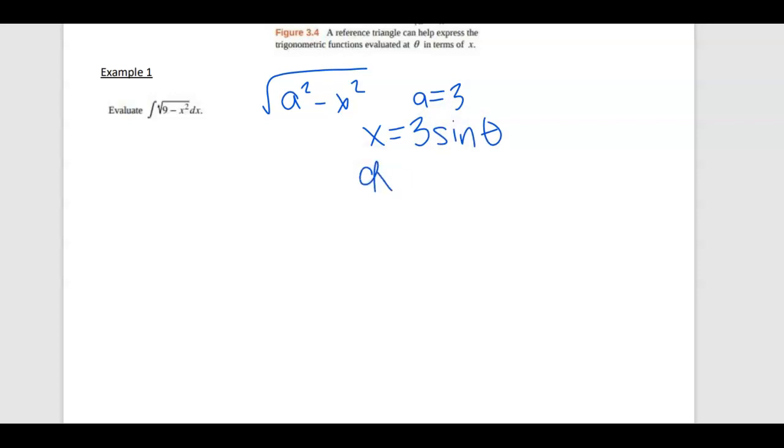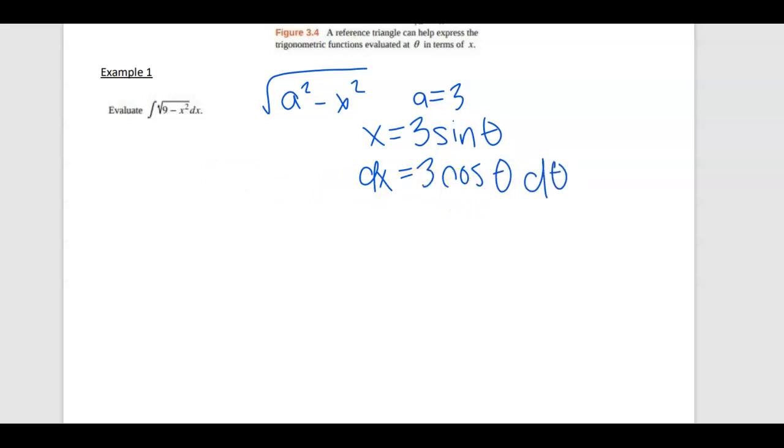Because I see that this would be an a squared minus x squared situation inside the square root with a equal to 3 to get 9, I know my substitution that I need to do is x equals 3 sine theta. Well, I also have to plug in for dx, right? So I need to plug in 3 cosine theta d theta for my dx.